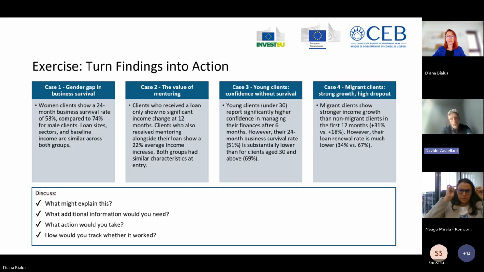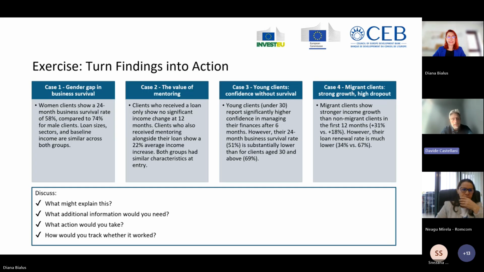The idea is to understand that these kinds of exercises and analyses can be very useful for the institution, going very beyond accountability and reporting to funders and investors. Okay. So we have also prepared 4 different questions to discuss in groups.